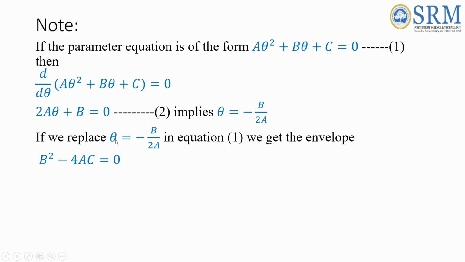If you replace θ = -b/(2a) in equation 1, we get the envelope, that is b² - 4ac = 0. If the parameter family of curves is in this form, then simply the envelope will be b² - 4ac = 0. Note that here a, b, c may be functions of x, y.